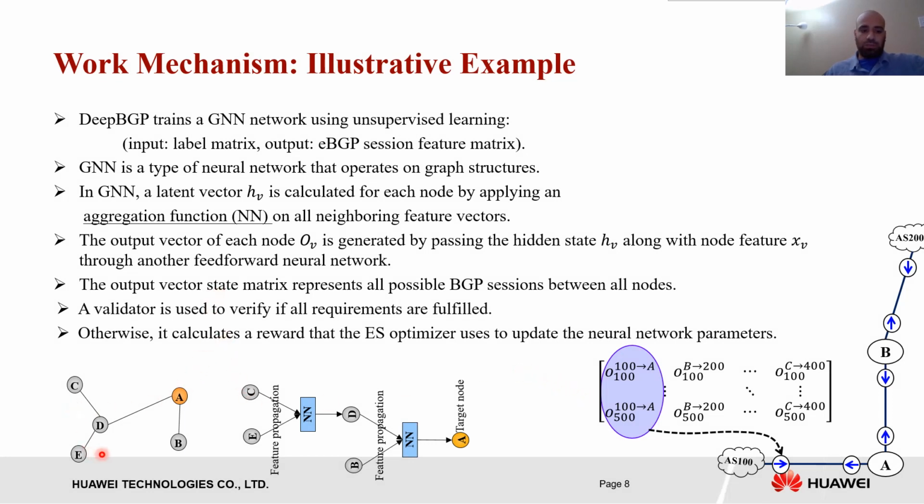Basically, the GNN aggregates features from all nodes, passes them through a neural network, and generates the features of the output nodes.